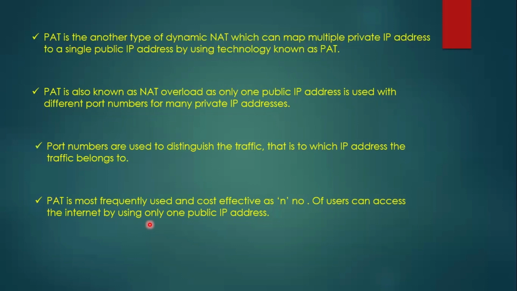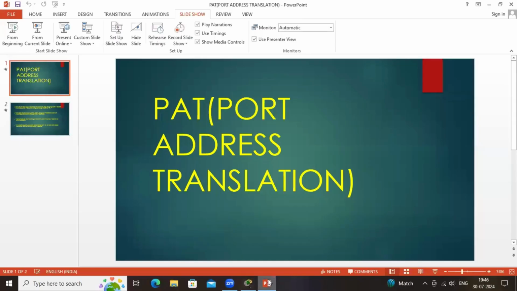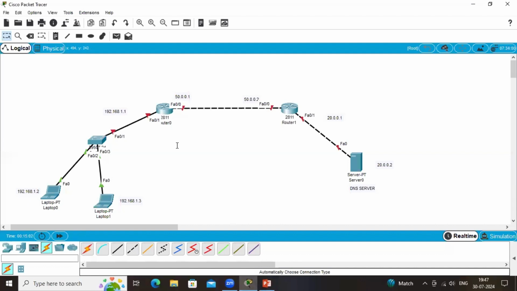So it was more costly. So PAT is the most cost effective one, since we are using only one public IP in place of n number of private IP addresses. So let's understand it by doing the practical.